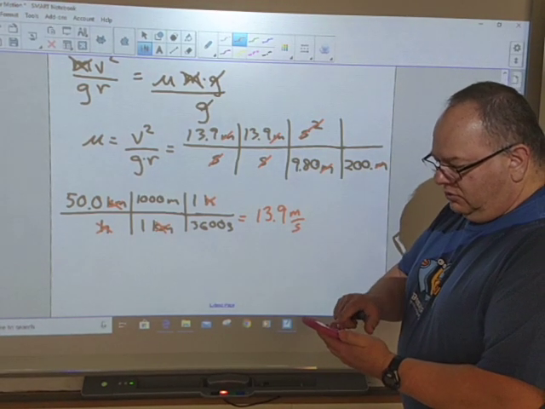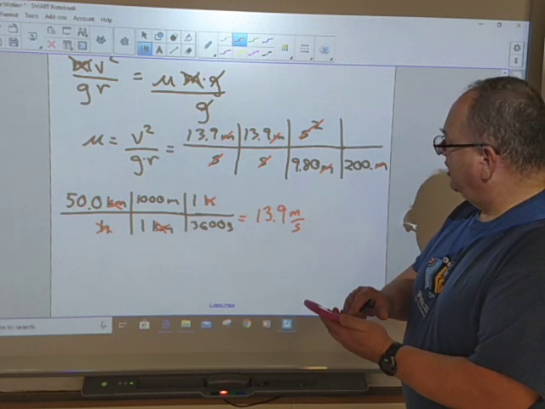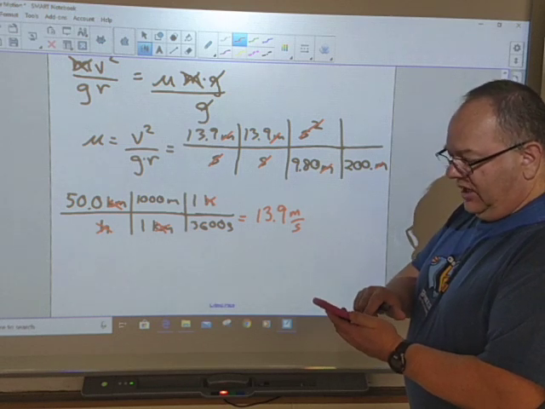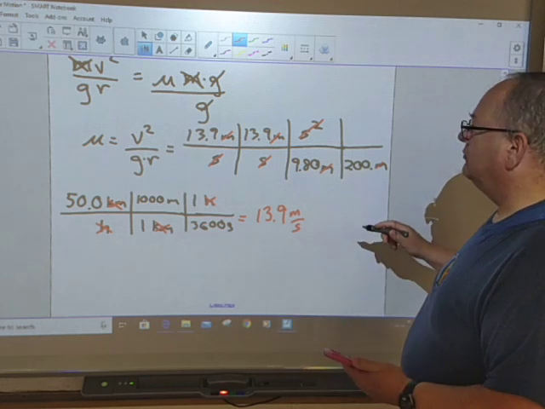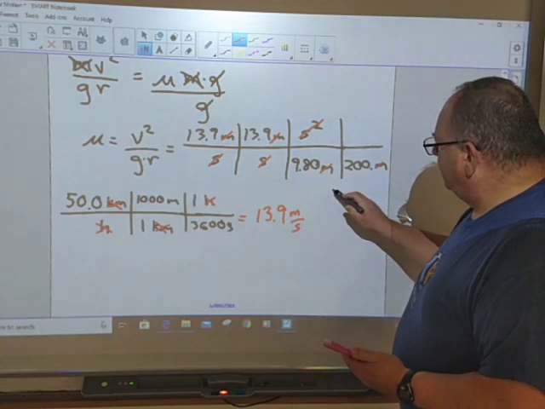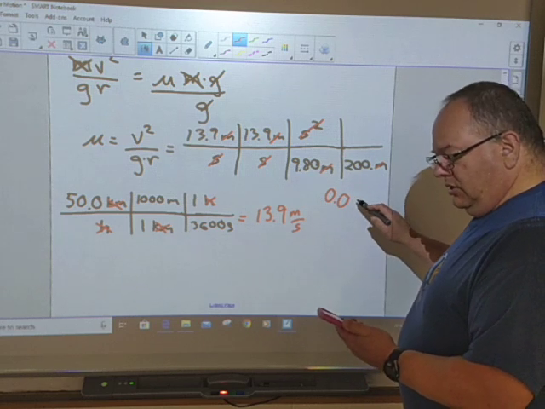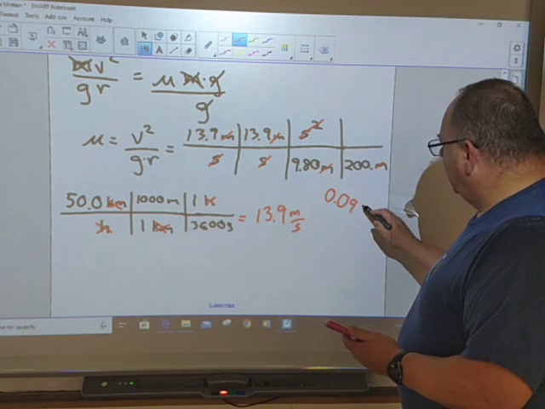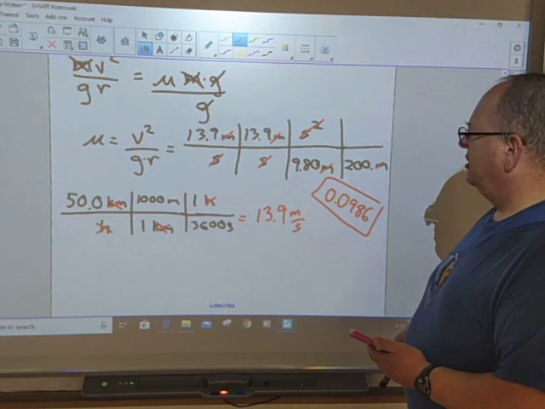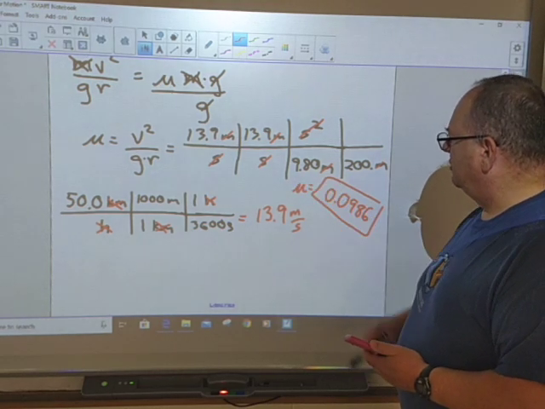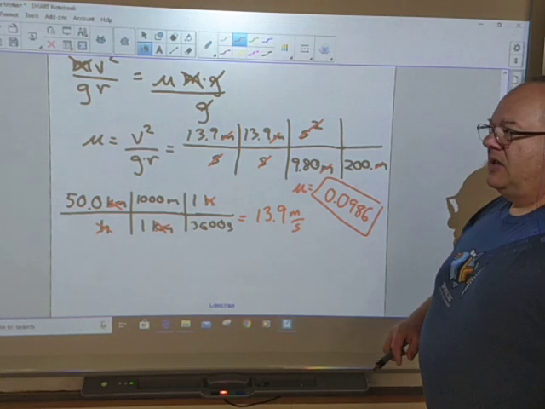So let's go 13.9 times 13.9 divided by 9.8 divided by 200 equals 0.0986. There's my coefficient of friction. All right.